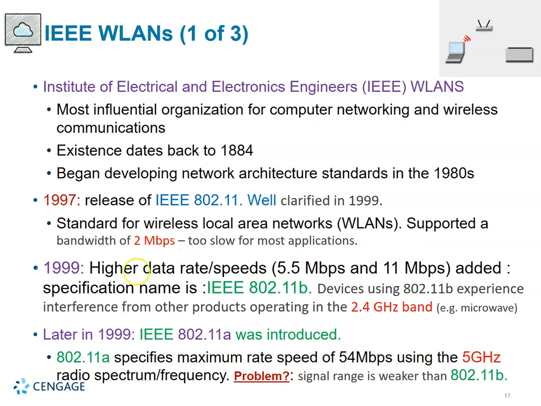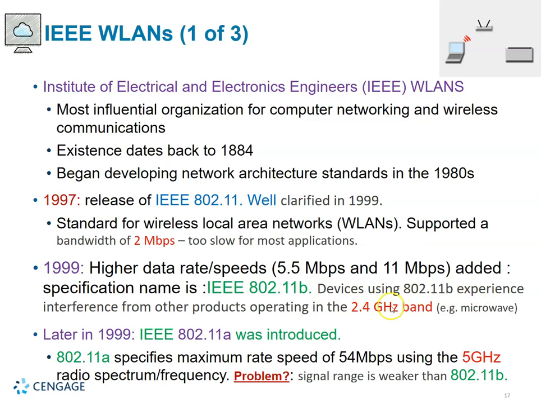When you run into a limitation like this, necessity is the mother of invention, as they say. That spurred manufacturers to come up with better technology, and that led to another standard by the IEEE. In 1999, they added standards for 5.5 megabits per second and even 11 megabits per second, twice as fast, under the IEEE 802.11b.